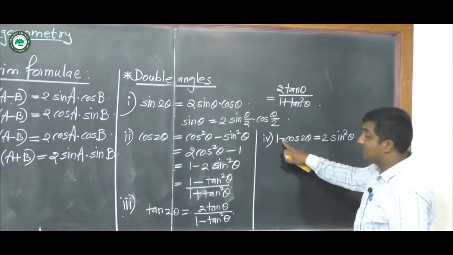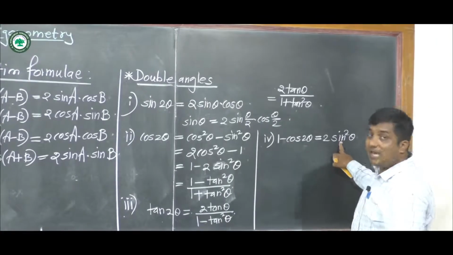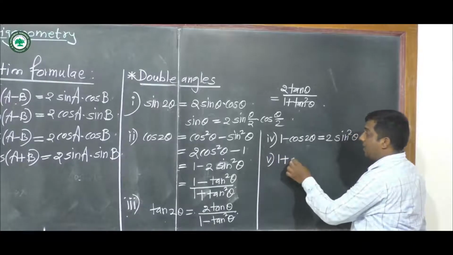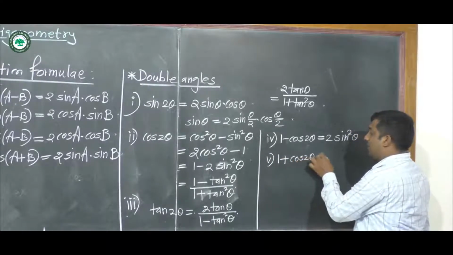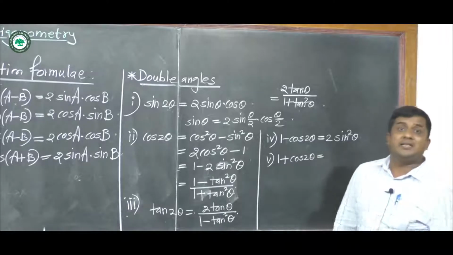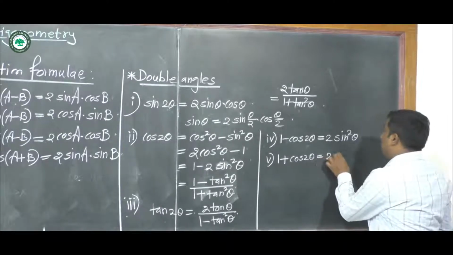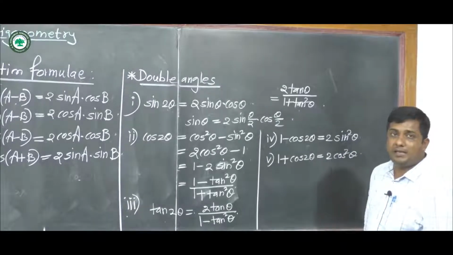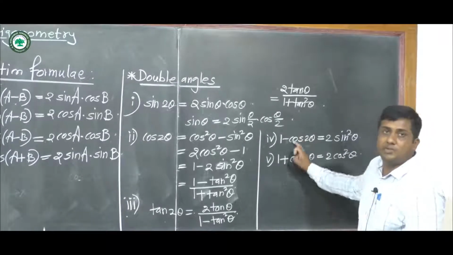If we have a minus sign, then we consider sines, and if we have plus sign, that is 1 plus cos 2 theta, in the formula we consider cosines, that is 2 cos square theta. So remember these two also.